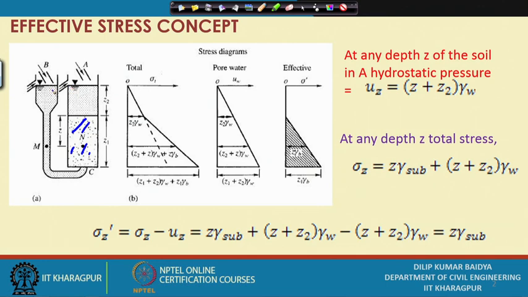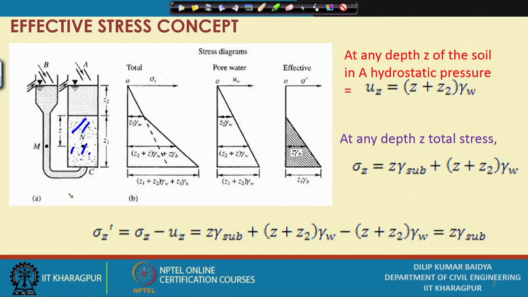If this level is maintained, it will be in equilibrium, and there is no flow of water through the soil. This condition I have already explained, but since I have taken 3 cases, I will show them one by one.